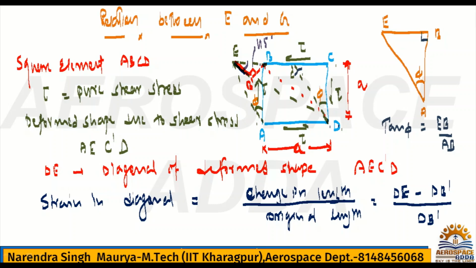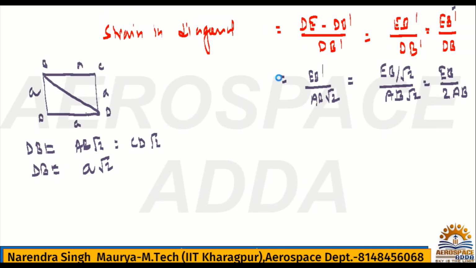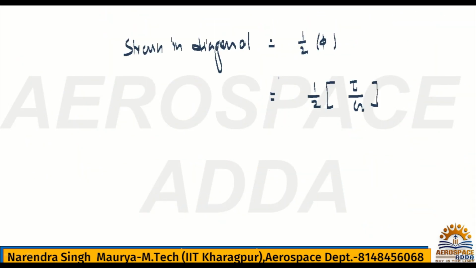So we have two stresses, one is shear stress and another is tensile stress. Because of these two stresses we'll get two strains. First is shear strain, that we already have written here. Another is the strain due to the tensile stress, that is the linear strain in the diagonal. I hope you understood. So basically two stresses are acting here.